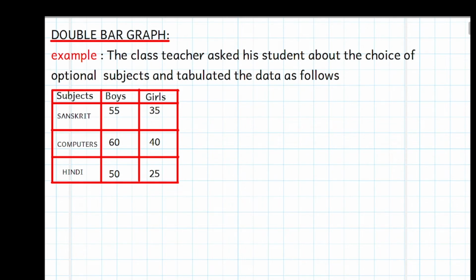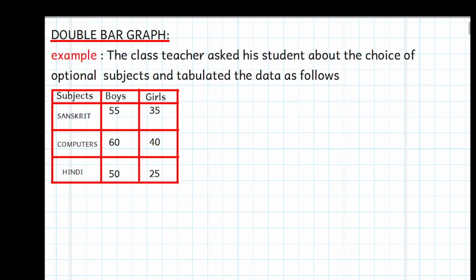Now see, here the class teacher asked his students about the choice of optional subject and tabulated the data as follows. In Sanskrit, boys 55 and girls 35, computers 60 and 40, and Hindi 50, 25, like that.